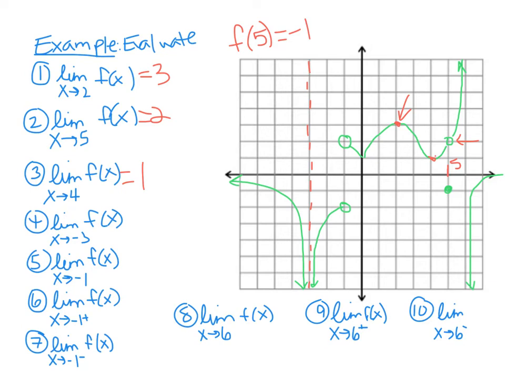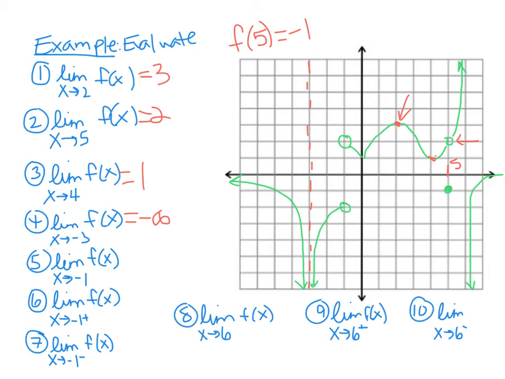Because both sides of the graph are exhibiting the same behavior, they're both approaching very, very negative values, we do actually have a limit here. We say that the limit here is negative infinity.